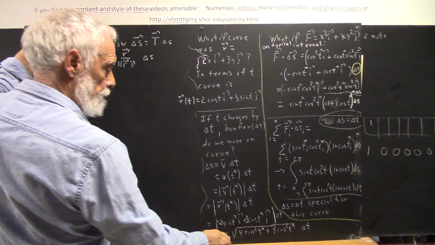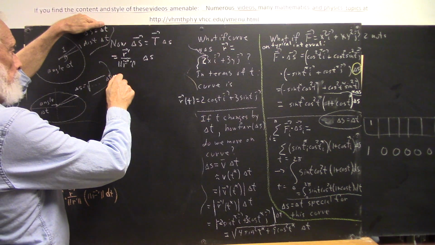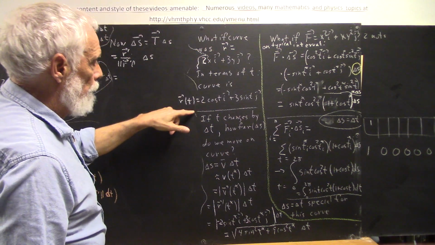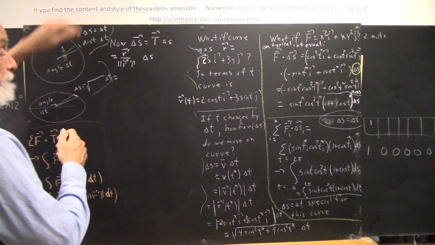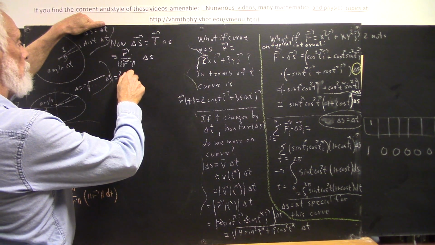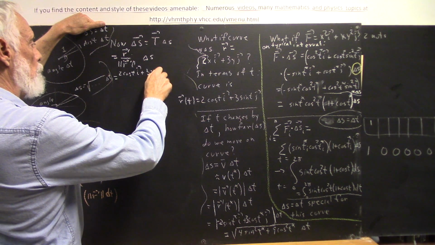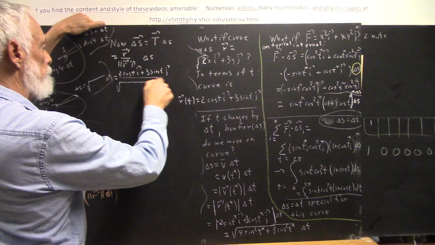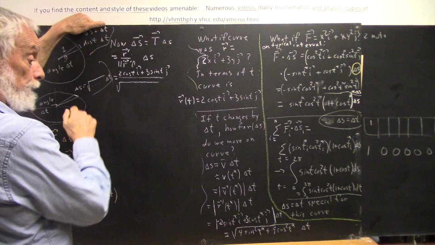Okay, now we know what delta s is. It's this, so we don't have to work that in until we absolutely need it. What's the derivative of our r vector? Well, this is our r vector in terms of t, and r prime is going to be two cosine t i plus 3 sine t j over its magnitude, which is a square root of, well, just the same expression as this, it turns out.